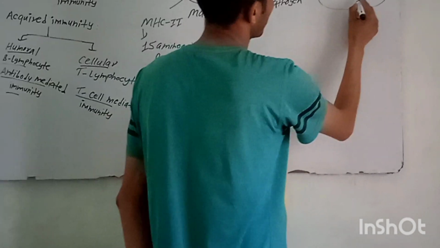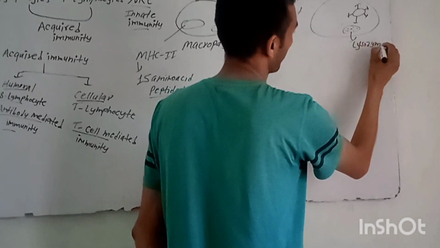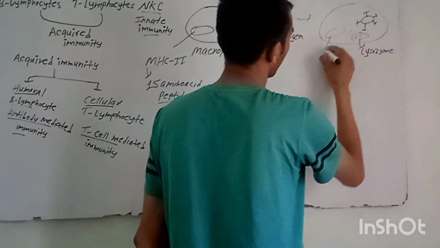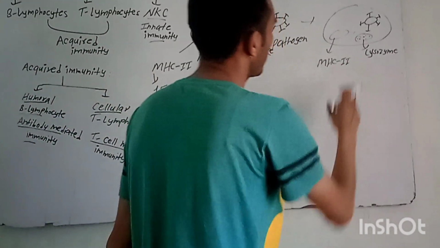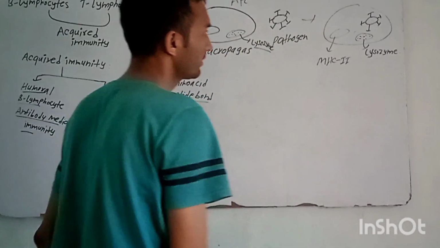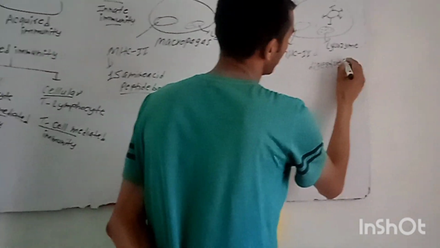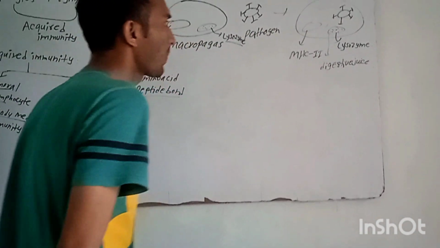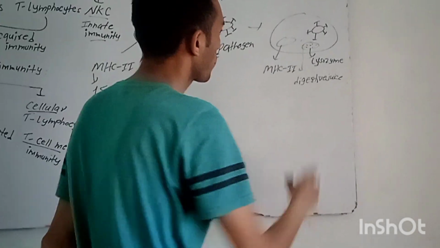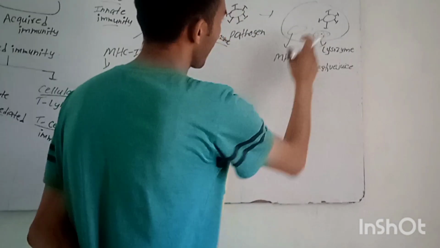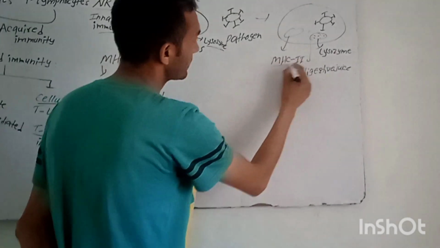Here is the lysosome and here is MHC class II. The lysosome contains digestive juice which digests or disintegrates the pathogen, and the remaining antigen is attached with MHC second class.